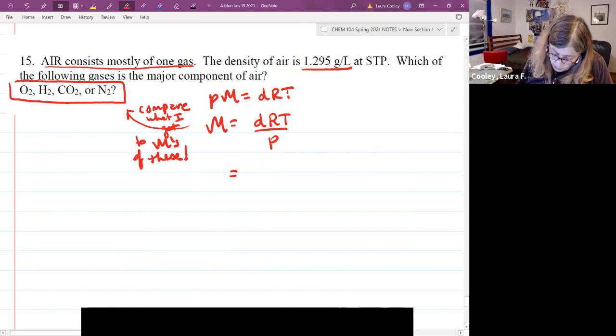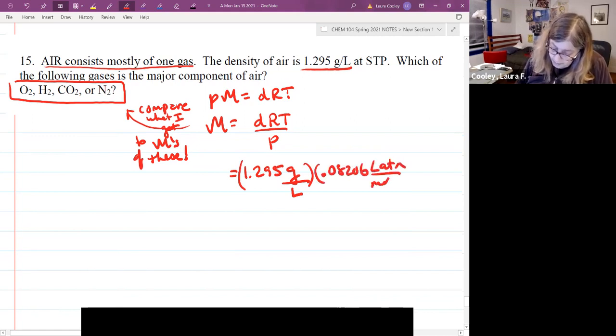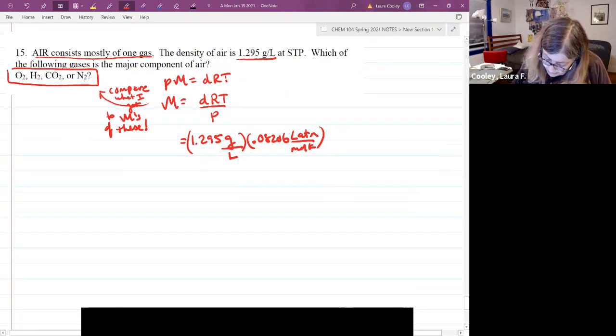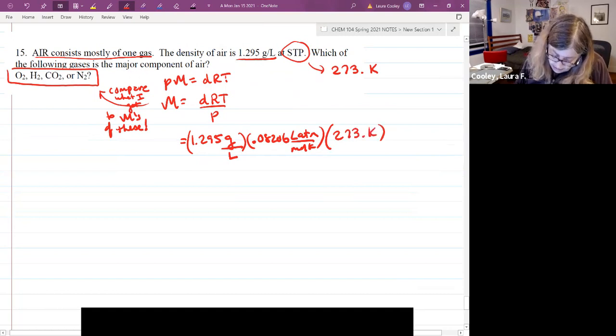So D is 1.295 grams per liter, and R, I'm going to run out of room. When you have a tablet, that doesn't really matter. And T is, oh, STP, standard temperature and pressure, that's 273 Kelvin. So this is 273, and the pressure is 1 atmosphere.